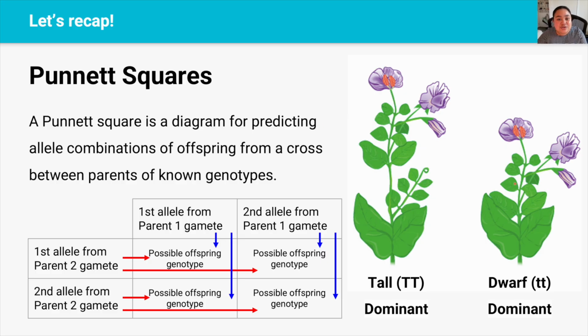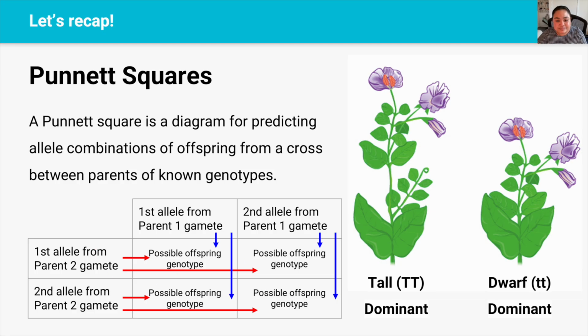And you've learned how to draw and use Punnett squares to predict the genotype and phenotype ratio of resulting offspring from a monohybrid cross. Finally, a monohybrid cross Punnett square is 2 columns by 2 rows, because each parent produces 2 possible gametes. 2 times 2 is 4, hence there are 4 squares in the middle to show the 4 possible offspring.